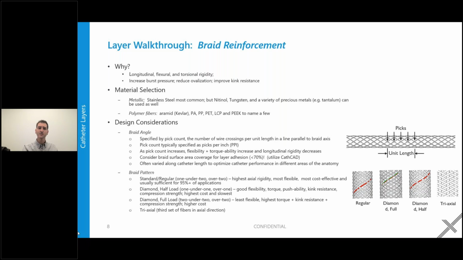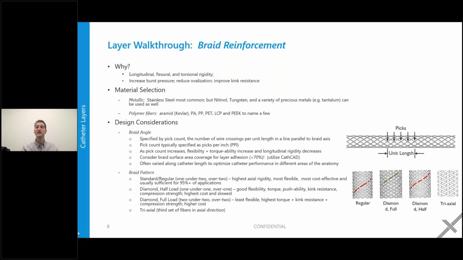So there's aramid fibers, there's PA, polypropylene, PET, LCP, PEEK, and there's others out there, but those are kind of the most common ones. You have to think through these. Some of these are melt processable, which means they're not going to be good for a device where you're overlaying a jacket that has to be reflowed because you're going to melt your braid.